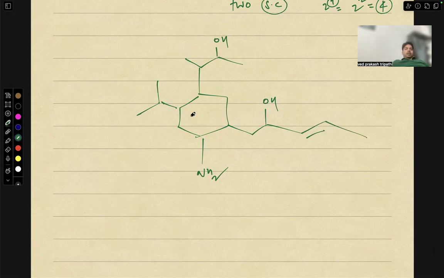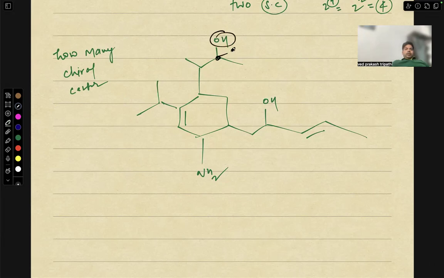And my question is, how many chiral centers? So look at this carbon. OH different, H different, methyl different, and the entire length bonded to this is different, so chiral.